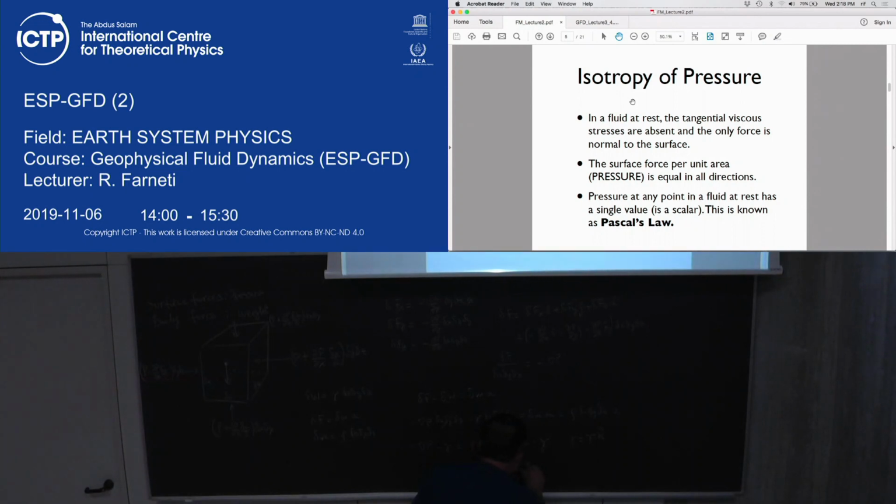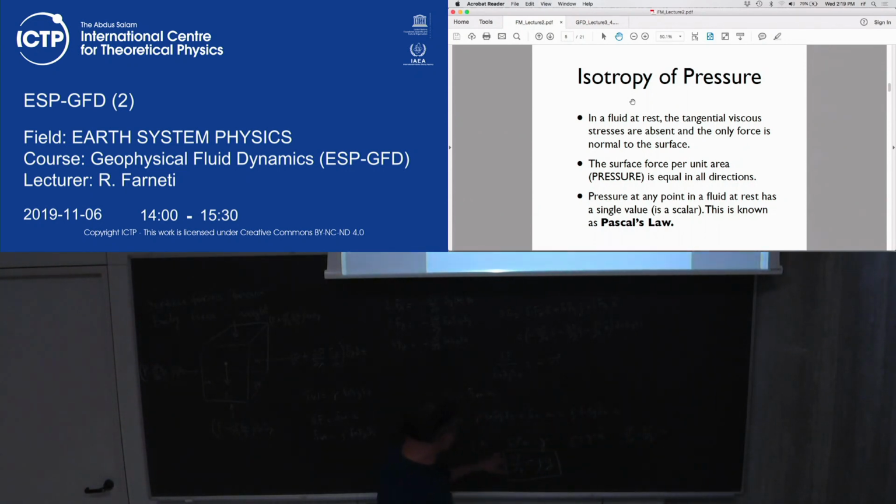So this reduces to... and the minus. Okay. And this is the hydrostatic balance. Because this has only one component, this means that dp by dx equals dp by dy equals 0.